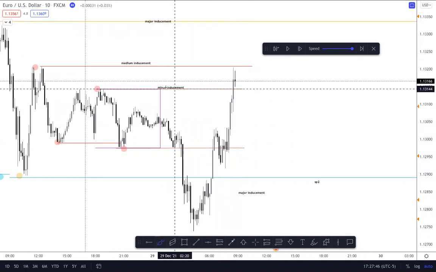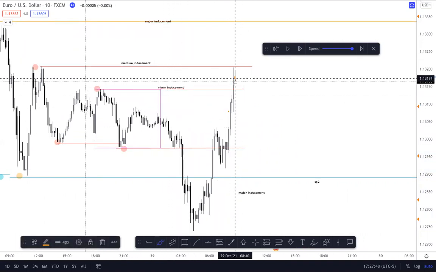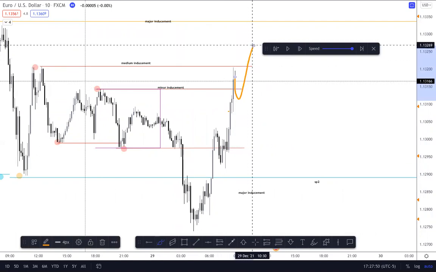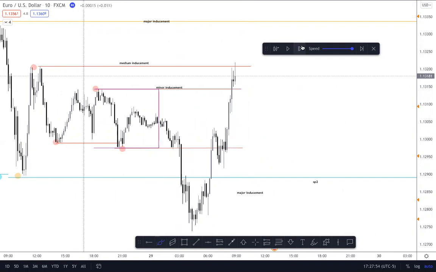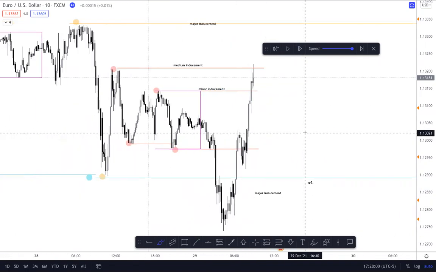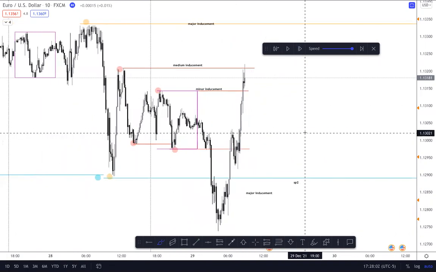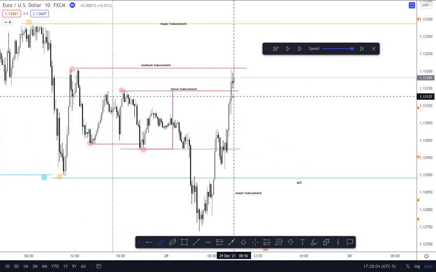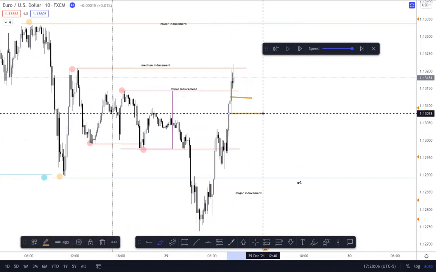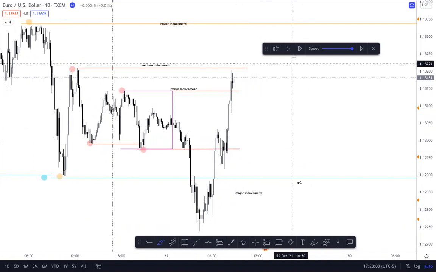Now we're sweeping another minor inducement. Perhaps we can come down, continue, right? Unless we show signs of a reversal. Here we are sweeping a medium inducement. Now that we are sweeping a medium inducement, perhaps we could look for a reversal, right? And or if we come back into here, a continuation of the minor inducement.